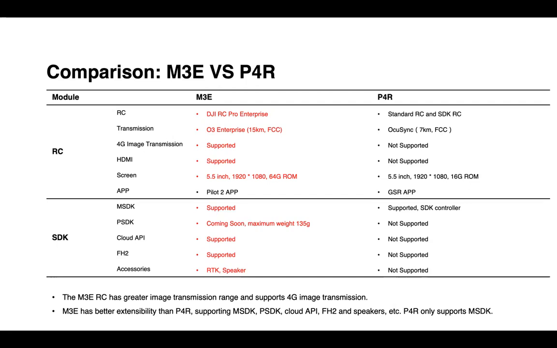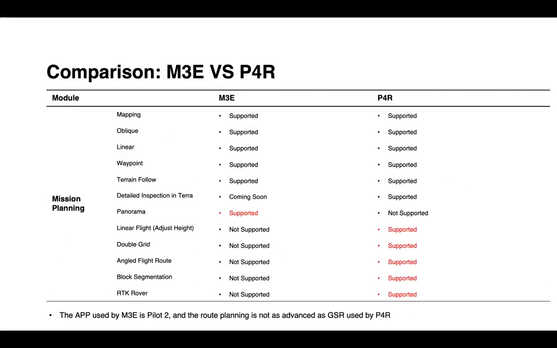The RC itself, we're looking at farther transmission, HDMI support, a screen with a bit more memory there, and then different apps as well. So one thing we do want to note here is with the P4R that works with the GS RTK app. So you have a few different automated mission planning options that the M3E does not have.